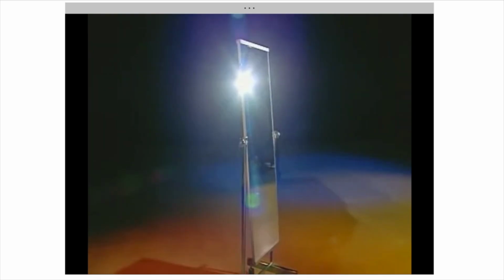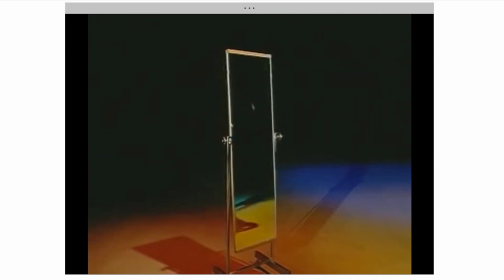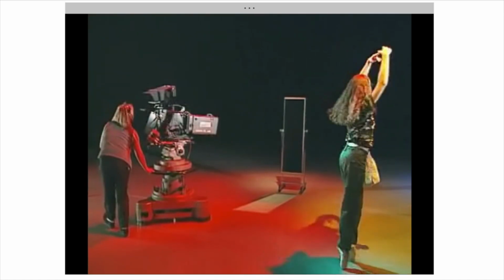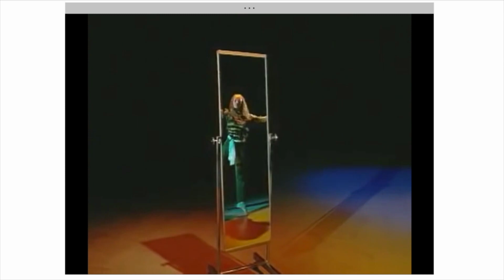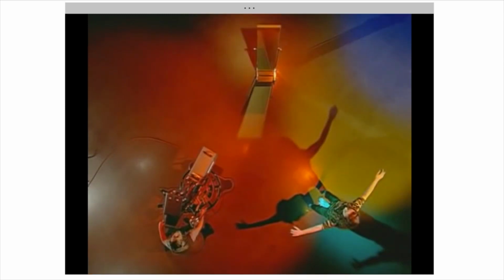Light doesn't bounce off the mirror at just any old angle, which is why the dancer's reflection isn't always visible. Rays of light bounce off the dancer in all directions, but only some hit the mirror.